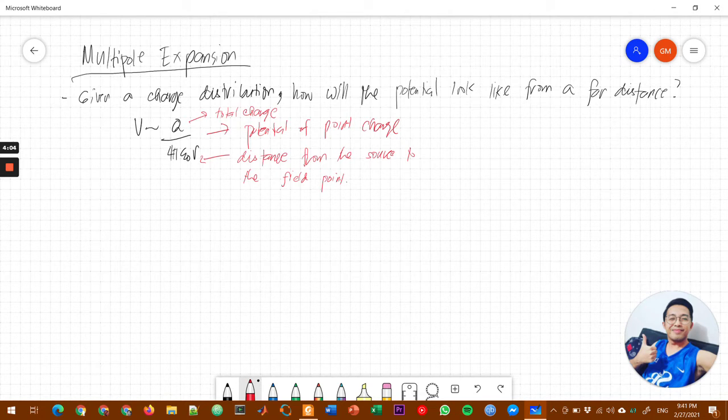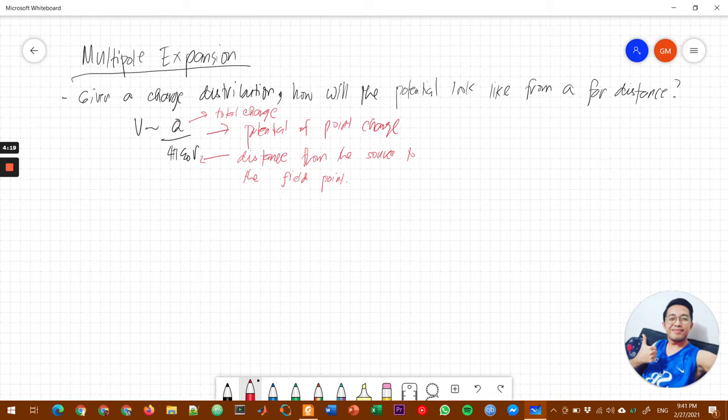Okay. So any charge distribution, if viewed from very, very far away, would look like this. Somehow it's just a point charge.